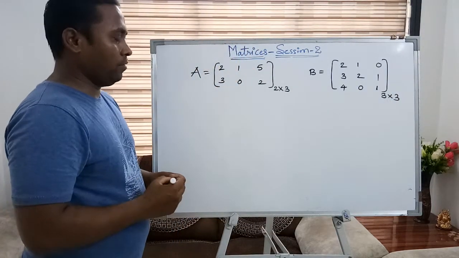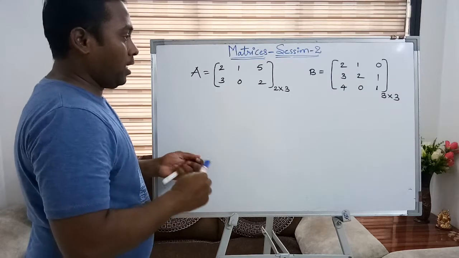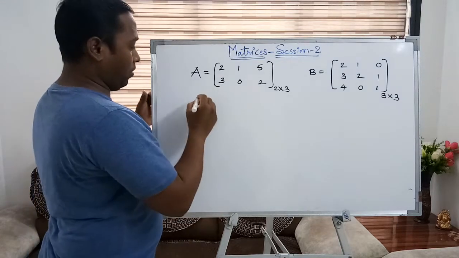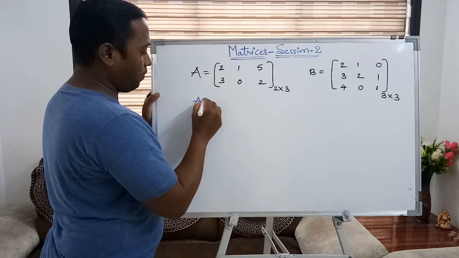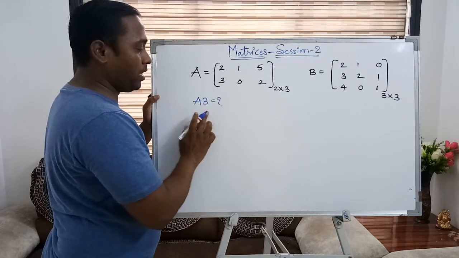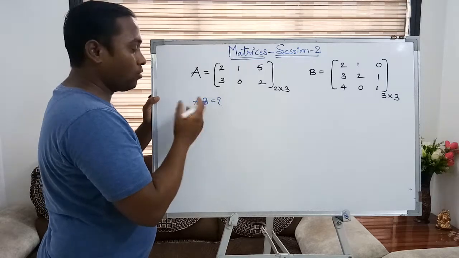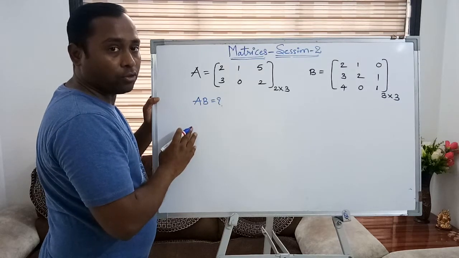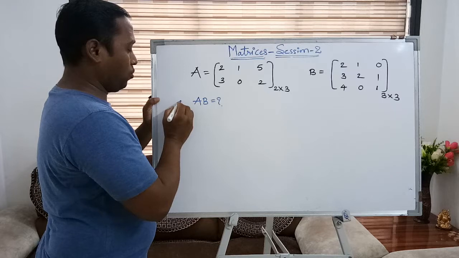If you observe, is A into B possible or not? First check. I want to find the value of AB, meaning multiplication of A with B. How can I do this A into B? So simple.